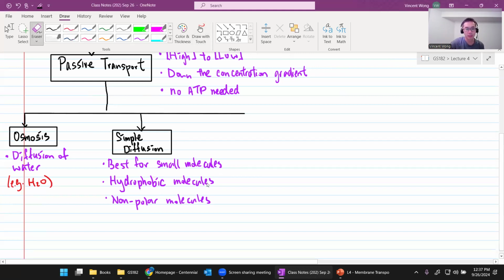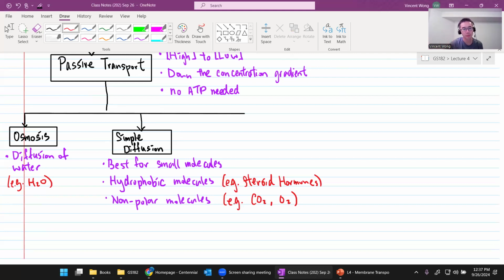Examples of hydrophobic molecules that can cross include things like steroid hormones. Nonpolar molecules would be things like carbon dioxide and oxygen. So if it's small or if it's hydrophobic, nonpolar, they can go in or out on their own. That's called simple diffusion.